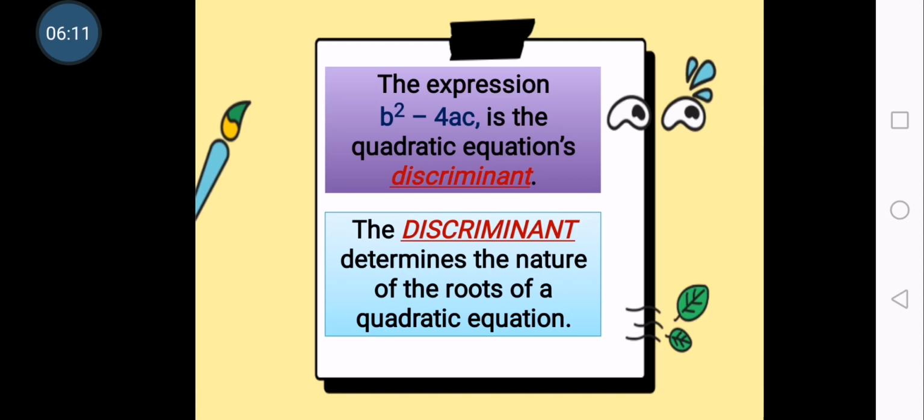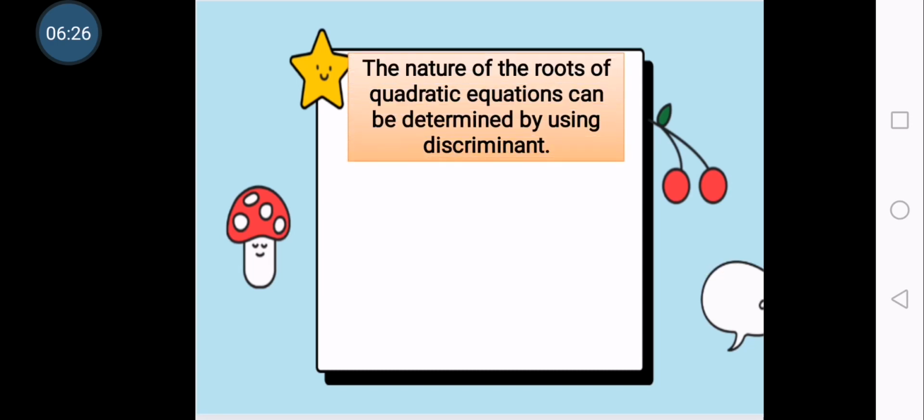So, ano ba yung nature of roots? So, actually, meron po tayong 4 na nature of roots. So, yun po yung ipapaliwanag ko mamaya. Simulan na natin. Ang nature of roots ng quadratic equation can be determined by using the discriminant.